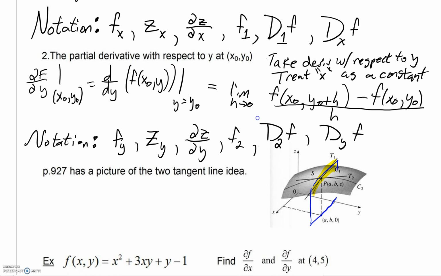Now, in your book, on page 927, there's a nice little picture that more or less showcases what's happening. You've got this surface, you've got this curve. It's almost like a blanket, like a big blanket that's been puffed up with air, and it's up there. And you could say, look, here's a point that we've got in question.